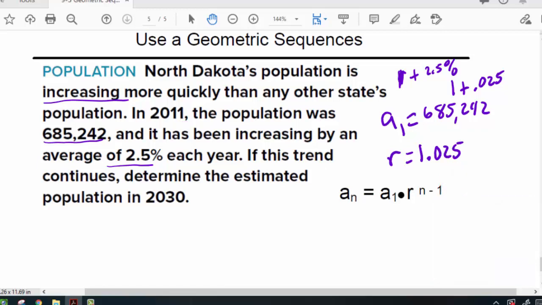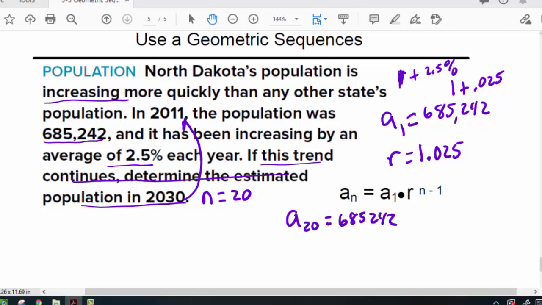And they're asking us to find, if this trend continues, determine the estimated population in 2030. So the number of years from 2011 to 2030 would be 20 years. So they're asking us to find the 20th term in the sequence. So a sub 20 is going to equal the first term, which is 685,242, times the common ratio of 1.025. That stuff comes from here and here. Raised to the 20 minus 1 power.